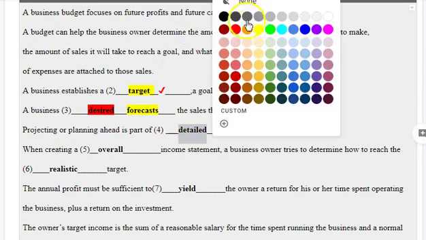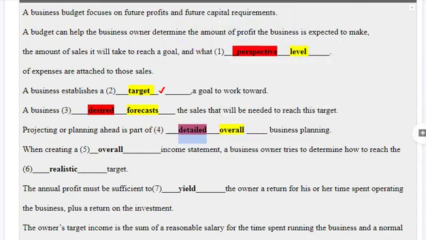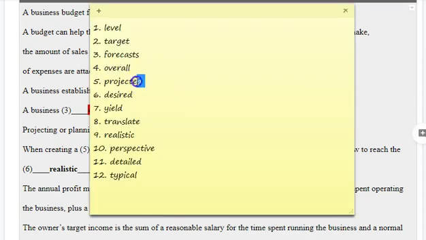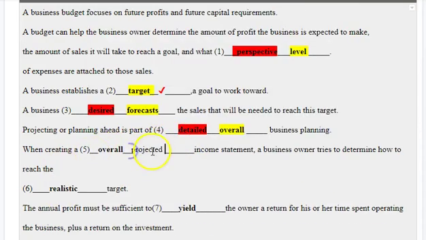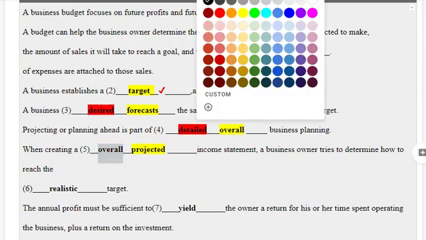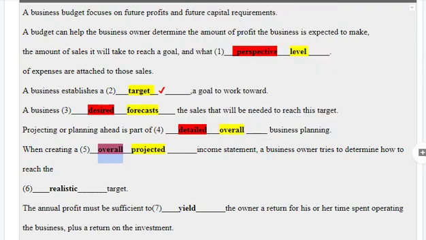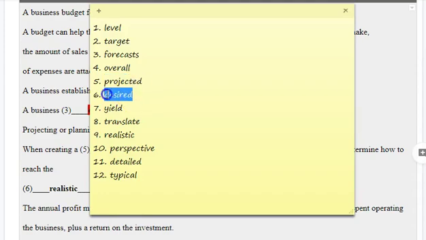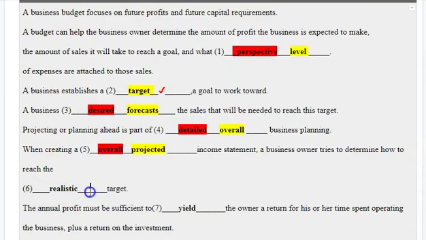Project planning is part of overall business planning. When creating a projected income statement, a business owner tries to determine how to reach the realistic target.